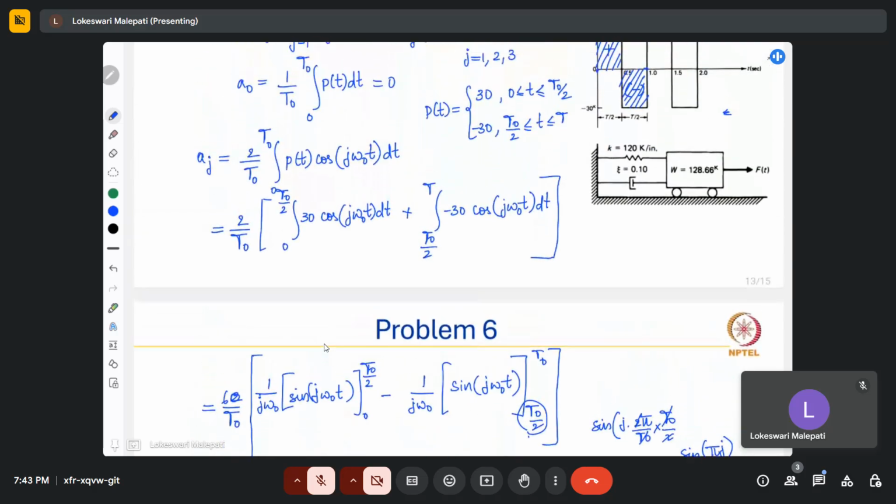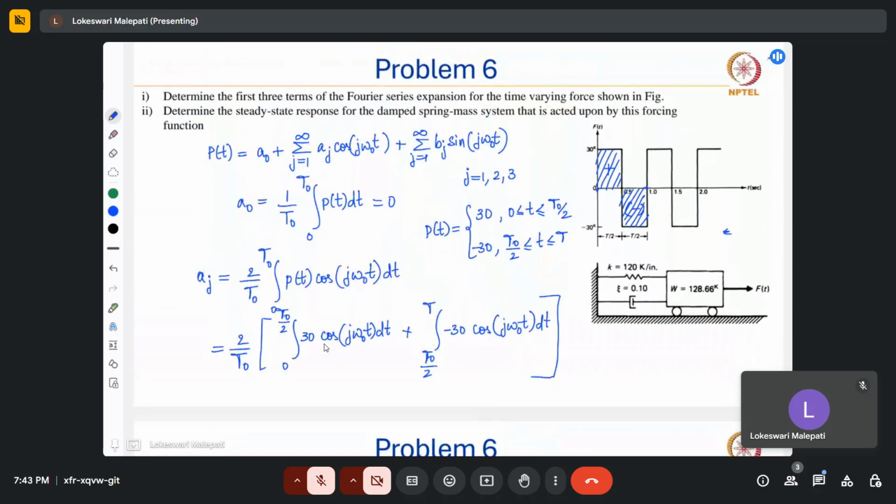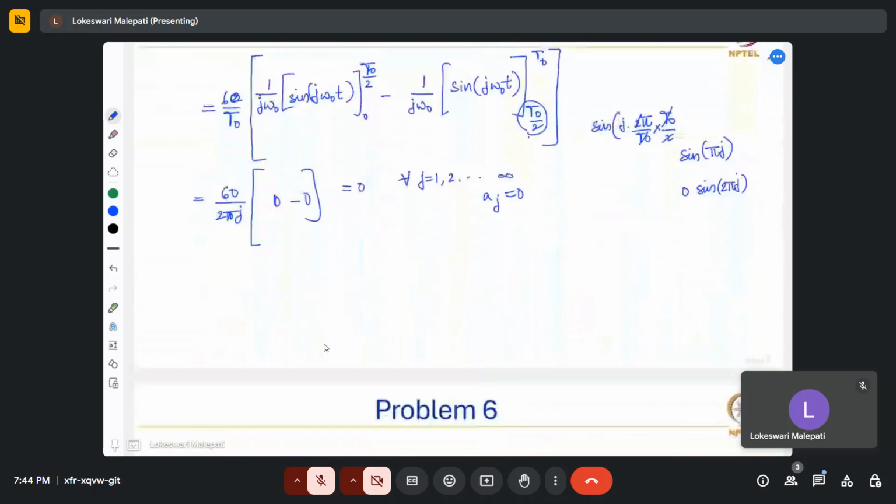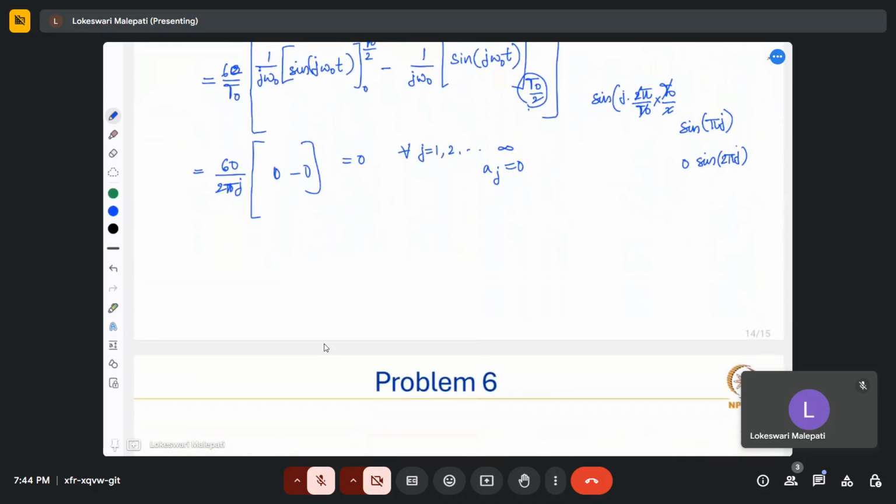Now let's find out the coefficients for sine, which is bj. So bj is equal to 2 by t naught integral 0 to t naught p of t sine j omega naught t dt.